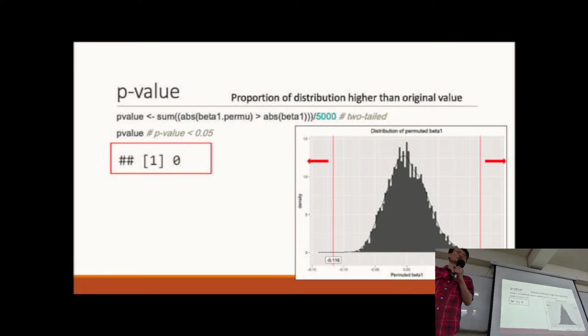Mathematically, it's impossible to have a p-value equal to 0. It must be smaller than something.